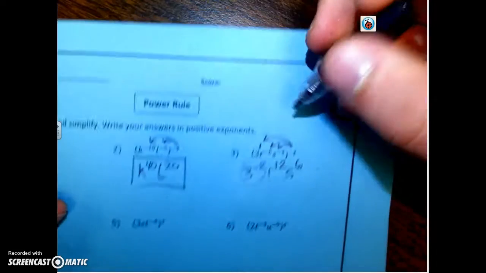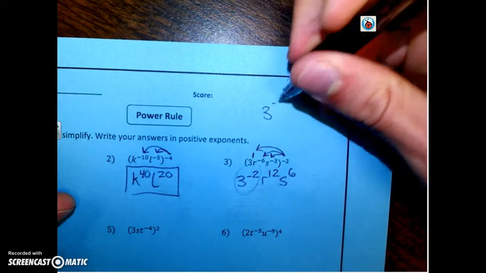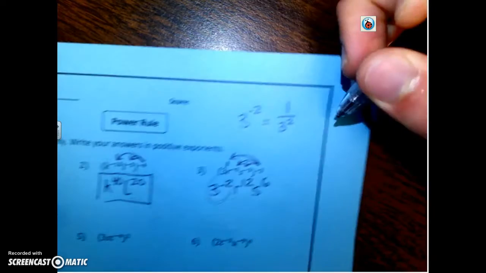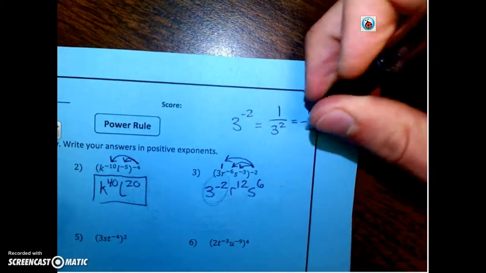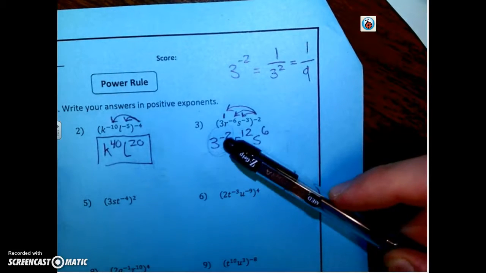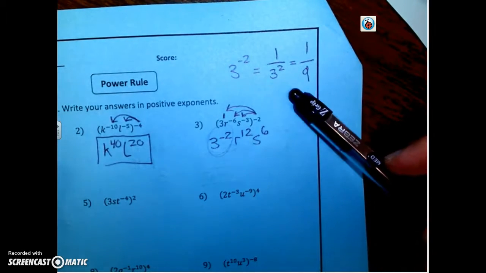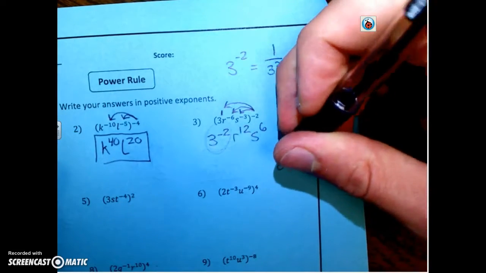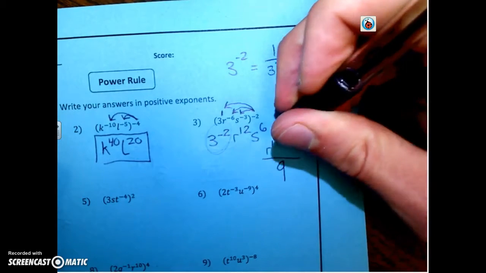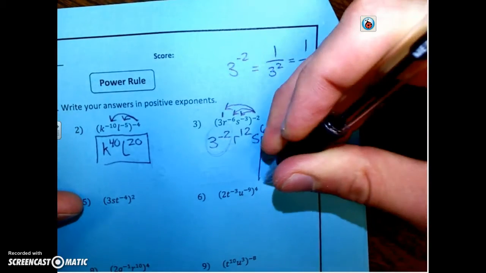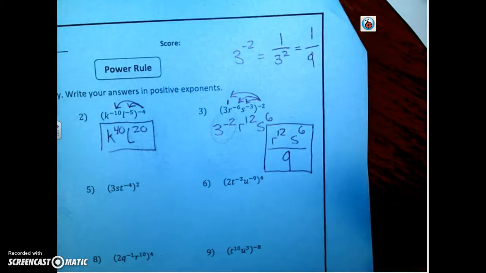Now this piece right here, 3 to the negative 2 power, is really saying 1 over 3 squared, which is just a 1 over 9. Right? So we could also think about it as switching this down, turn that exponent positive, just like here, squaring 3. 3 squared is a 9. My final answer has a 9 in the denominator. The r to the 12th and the s to the 6th have positive exponents, so we do not take the reciprocal of those.